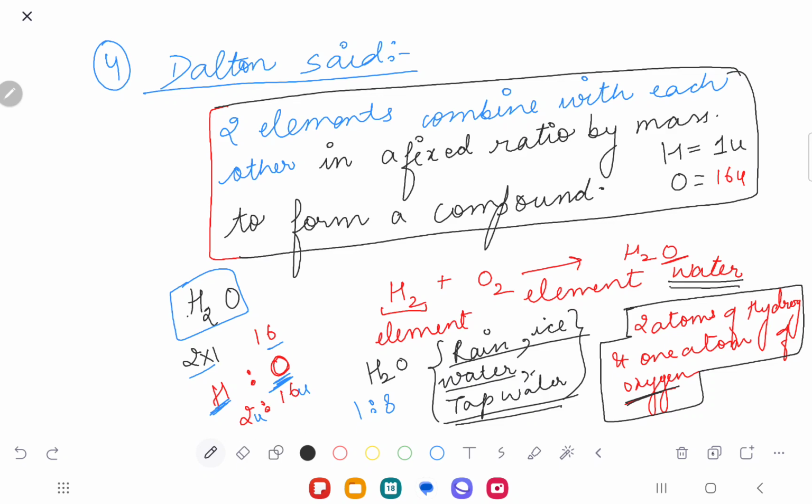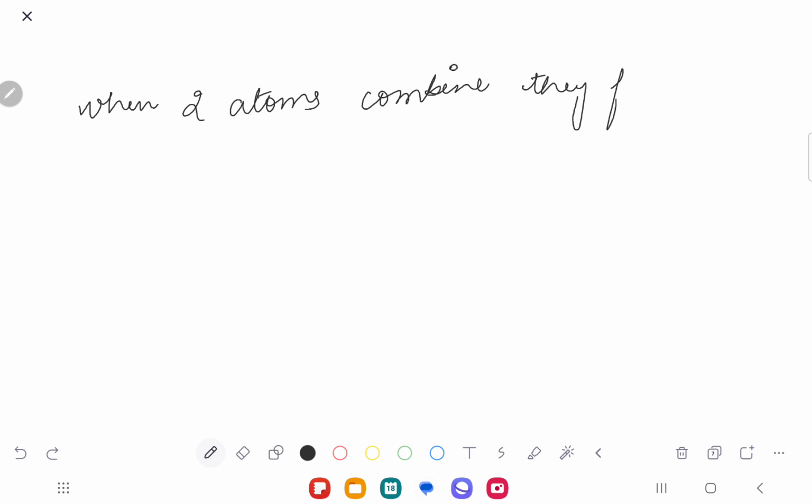I hope you're understanding that this was the basic theory that the scientists gave us to explain what an atom is and what was their observation of an atom. They also told us that when two atoms combine, they form a molecule.